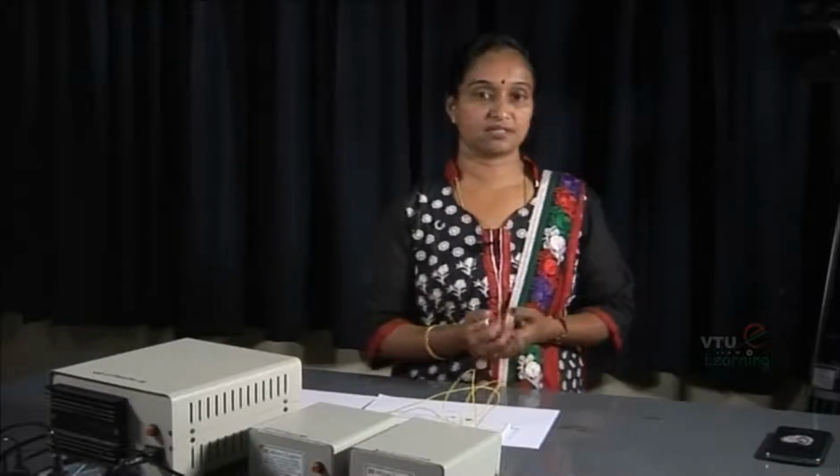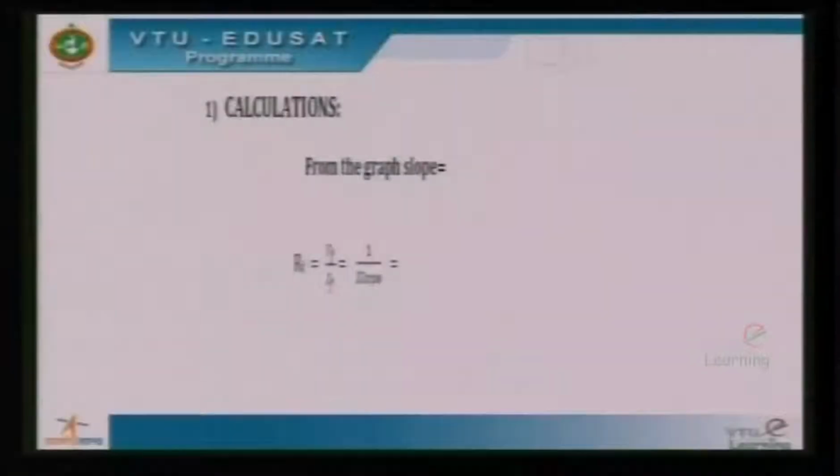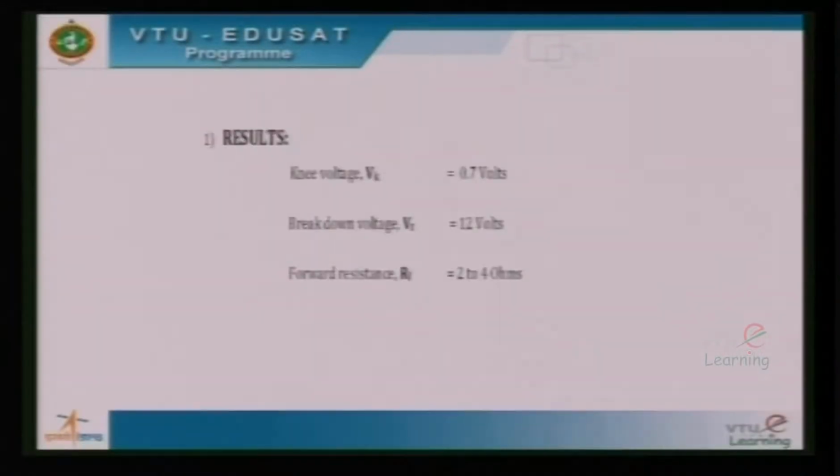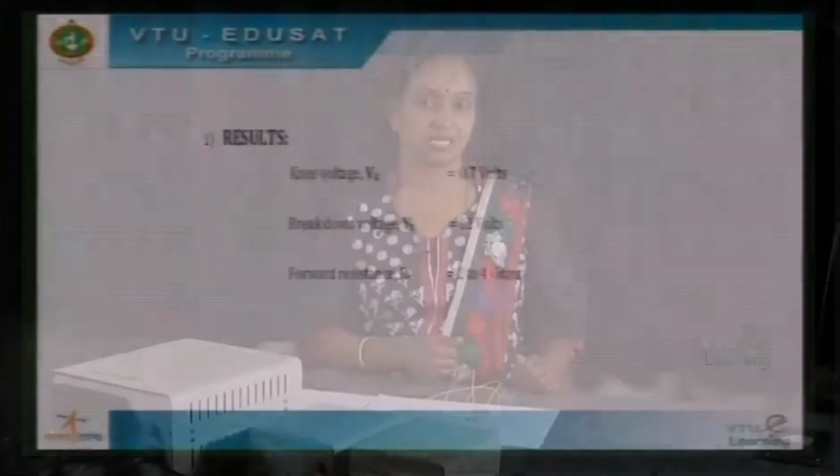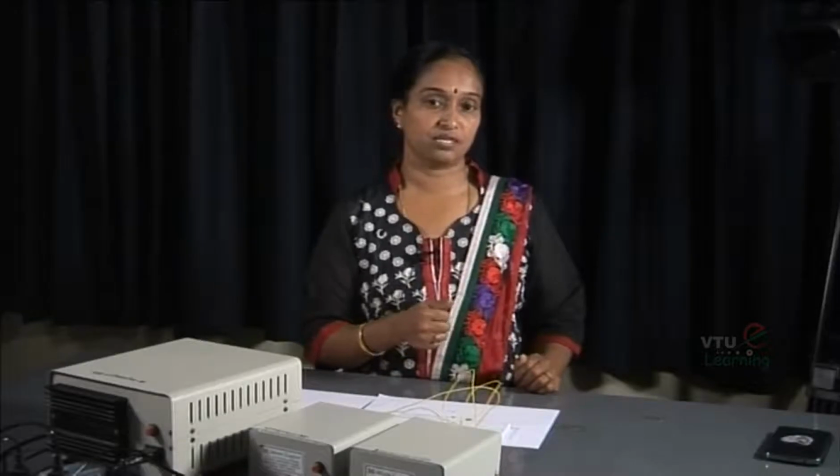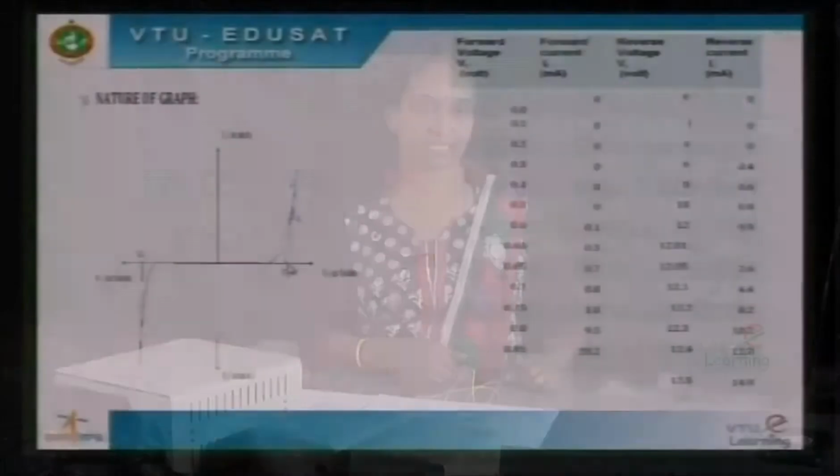The forward characteristics curve will give you the knee voltage at which the current starts flowing and conduction in the junction starts. That is obtained by extrapolating the linear region of the curve till it meets the x-axis.